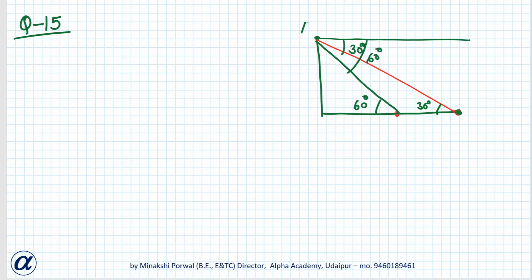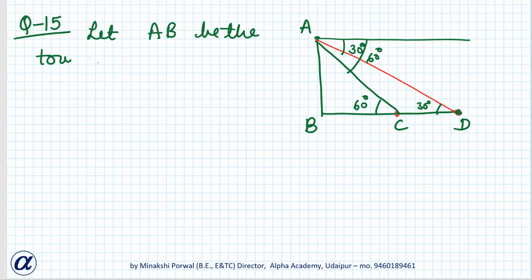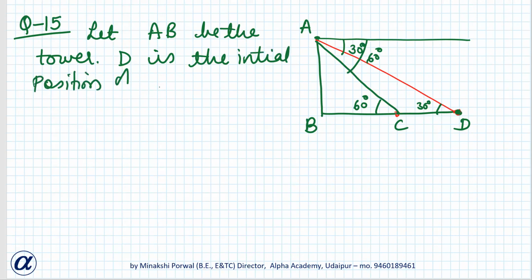Okay. A, B, C and D. Let AB be the tower. B is the initial position of the car. C is the position of the car after 6 seconds.